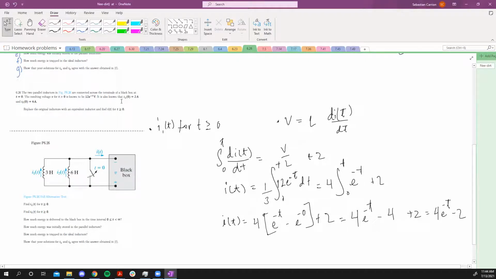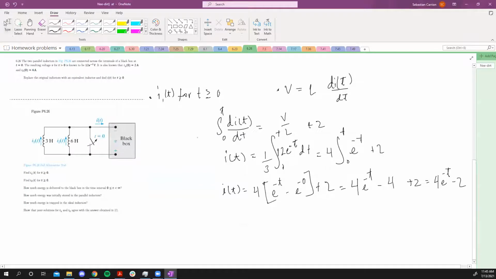So I1 at 0 is 2 amps, we have to account for that. Okay, seems to be right.